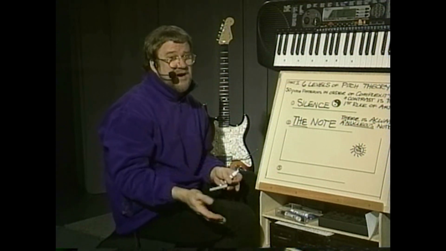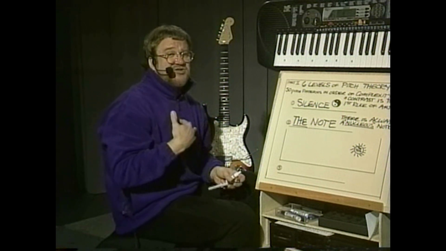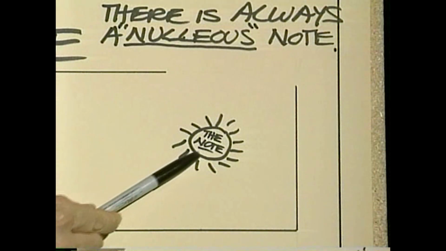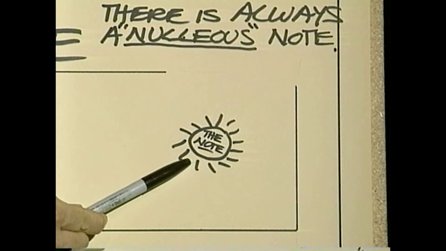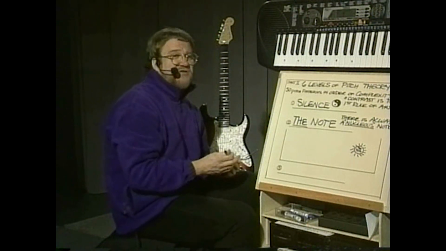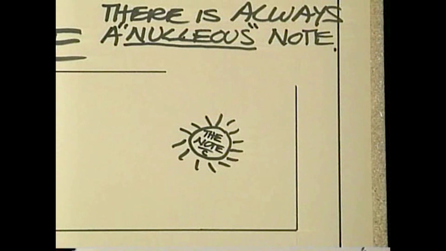Later, you're going to find out there's minor keys and modal keys and things like that. But for right now, the way to look at it is there are 12 different keys because there are 12 different notes from which you have a choice of figuring out which that nucleus note is going to be. Let's say for our purposes right now that we've decided that C is going to be our nucleus note. What that means is we are in the key of C.